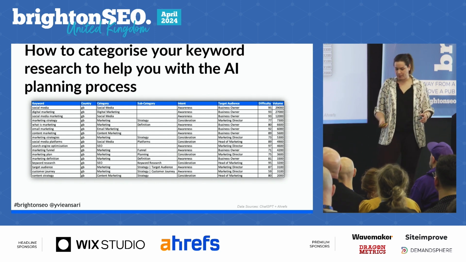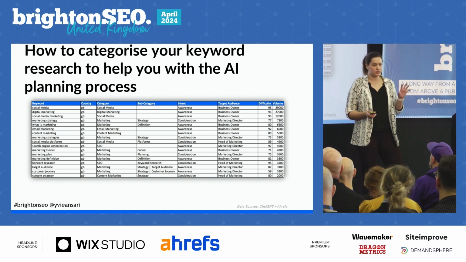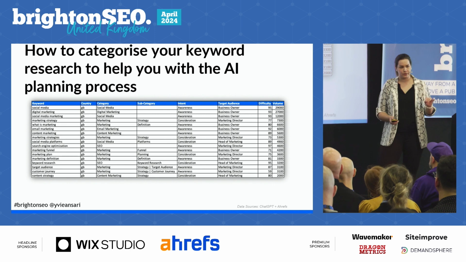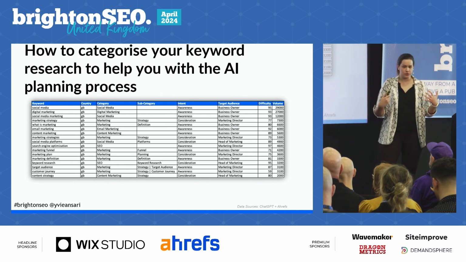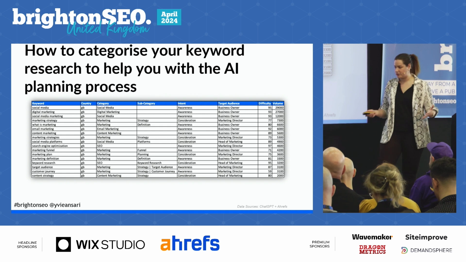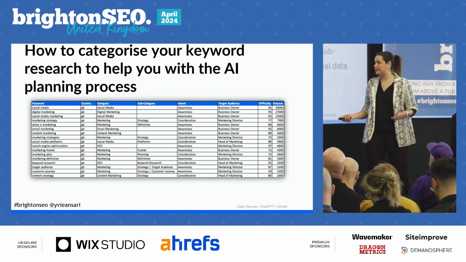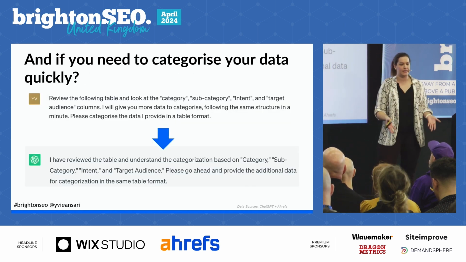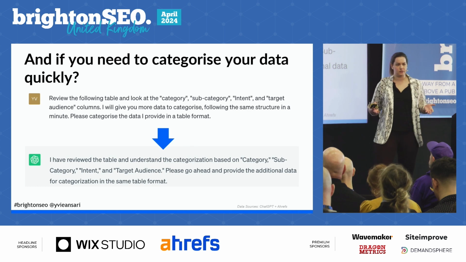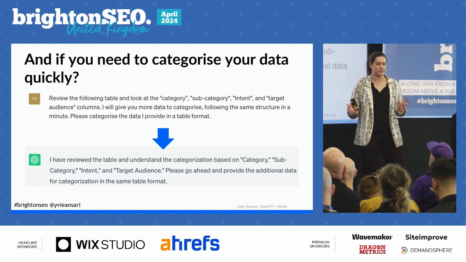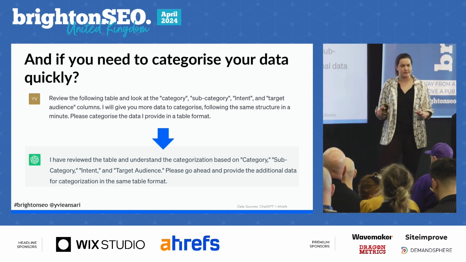keyword list as well. Now, what I would recommend here is to manually categorize 10% of your keyword list. And the reason why is because you've got to actually teach the AI what it is that you want. So essentially, if you categorize 10% of your list, you can then feed that 10% into the AI tool and say, here's my list. Please pay attention to all the categories that I have categorized this down by.